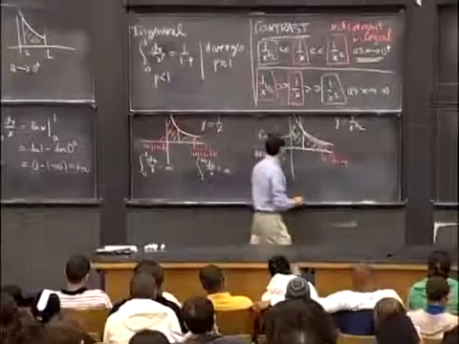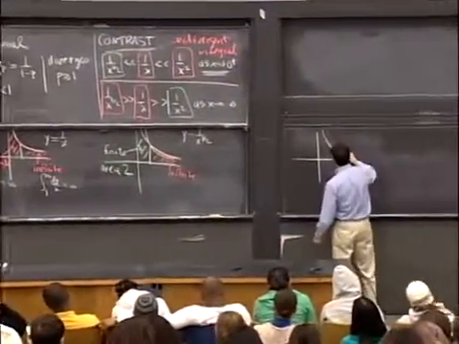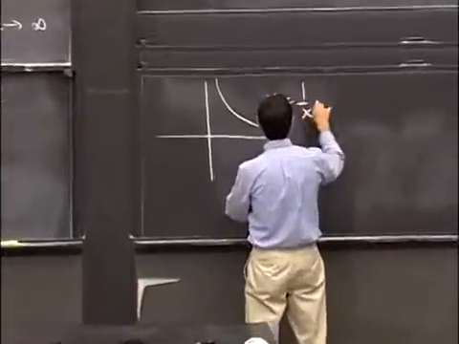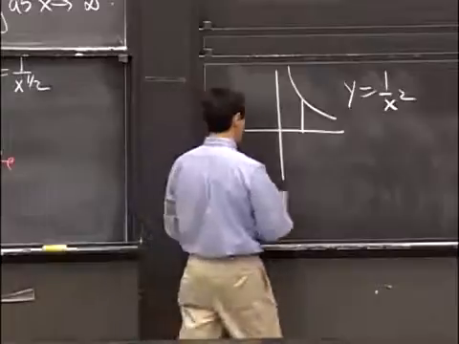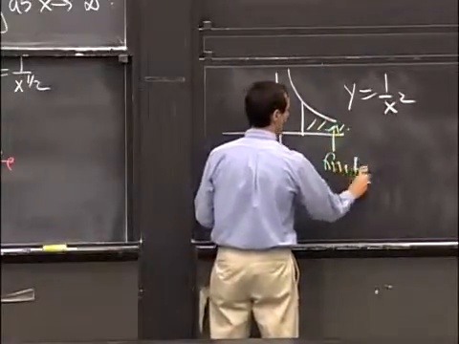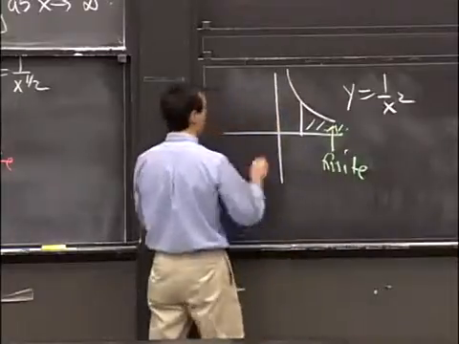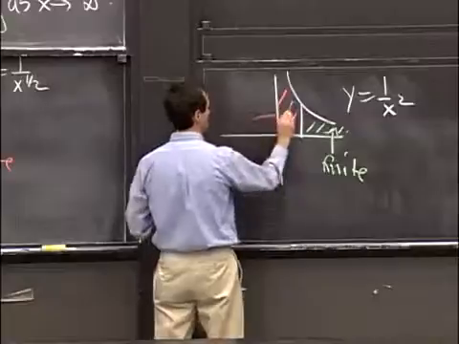Well, let me just repeat that idea over here in this sort of reverse picture with y equals 1 over x squared. If I chop that in half, then the good part is this end here. This is finite. And the bad part is this part here, which is way more singular and is infinite.